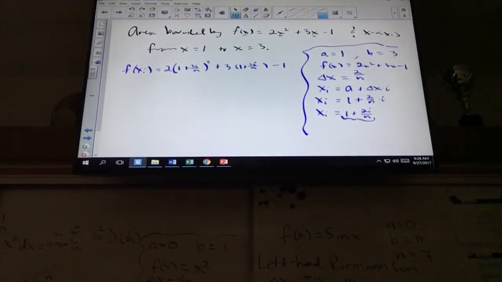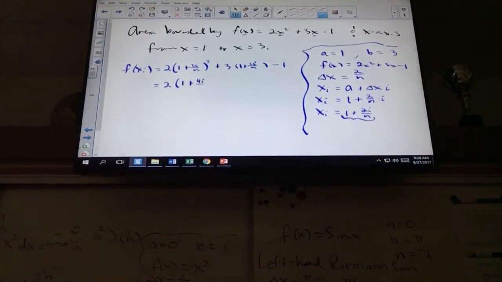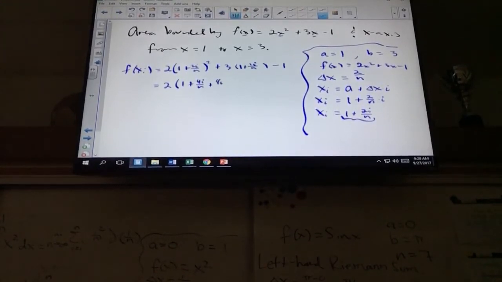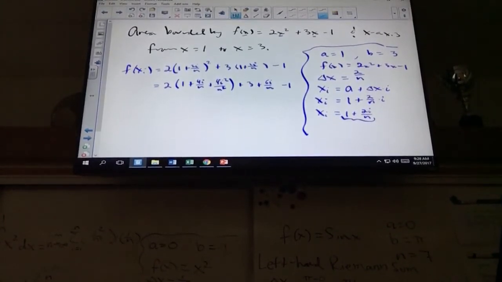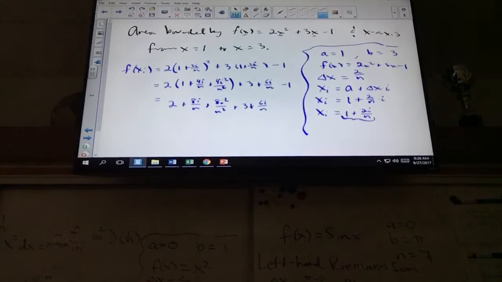So now let me simplify this a little bit. So first of all, this is 2 times quantity 1 plus, what is that, 4i over n plus 4i squared over n squared, plus, let me distribute the 3, and then that minus 1, and now let me distribute that 2, so this is going to be 2 plus 8i over n plus 8i squared over n squared, plus 3 plus 6i over n minus 1.